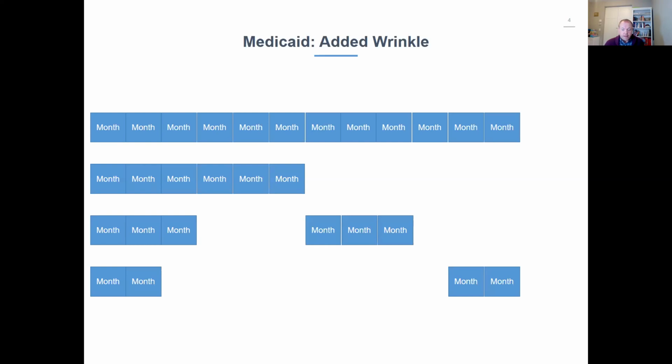Now, could that be that they had an acute event 6 months later and were then retroactively enrolled for 3 months and then dropped off? It's really hard to say, but if you talk to an administrator of the program, they might assume that these enrollment patterns are much more like the top two, whereas when you actually get into the data, you may find that they look much more like the bottom two.